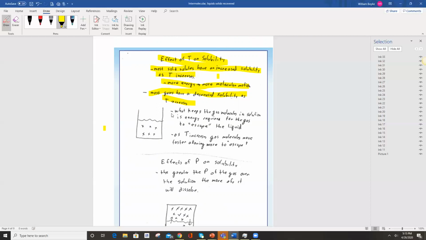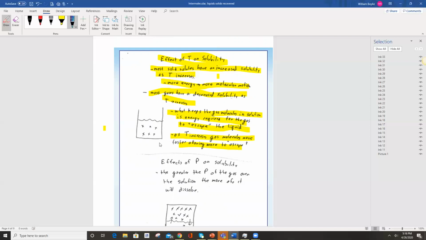The idea for this is that what keeps the gas molecules in solution is that they need to have enough energy to break the surface of the liquid to escape it. As temperature increases, the gas molecules move faster, allowing more to escape.